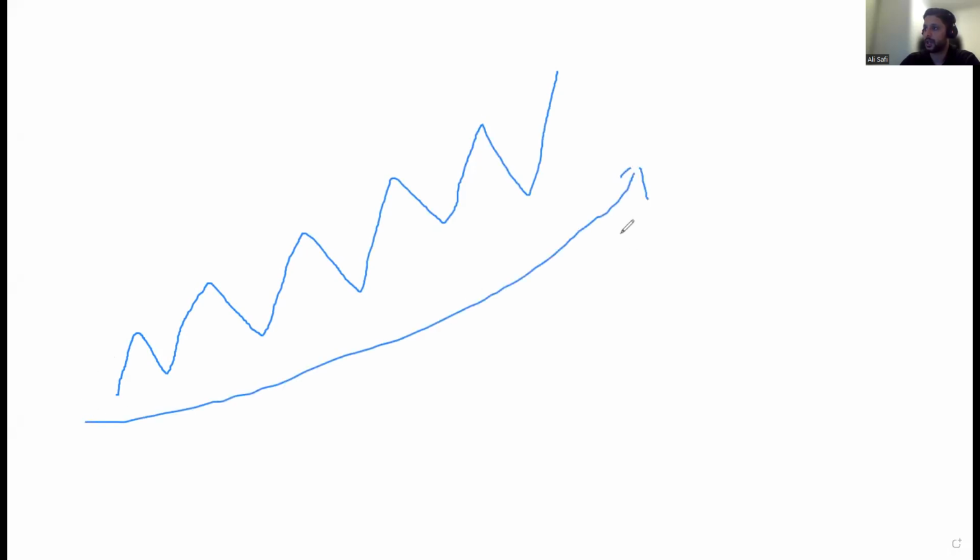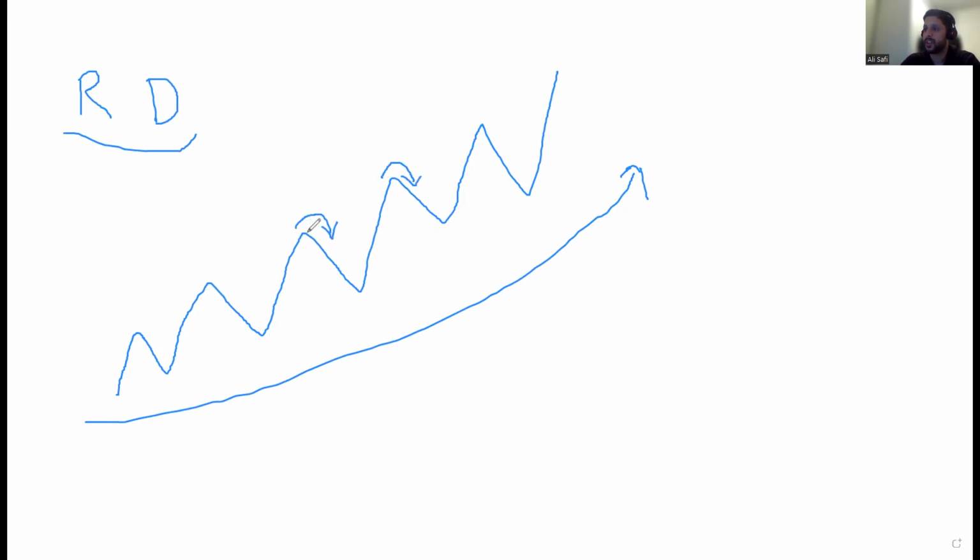Just imagine the market is going up and down, but obviously in an uptrend. Okay. So in today's session, we're talking about regular divergence. What do I mean by regular divergence? Regular divergence is when the market is going to reverse.